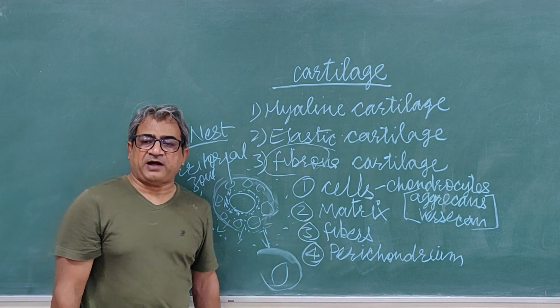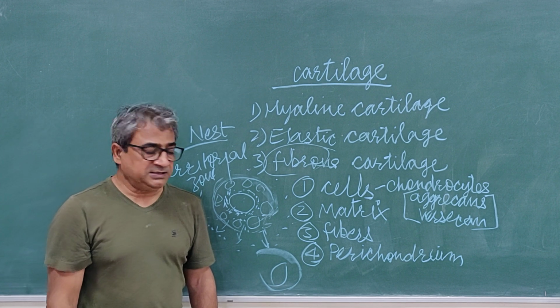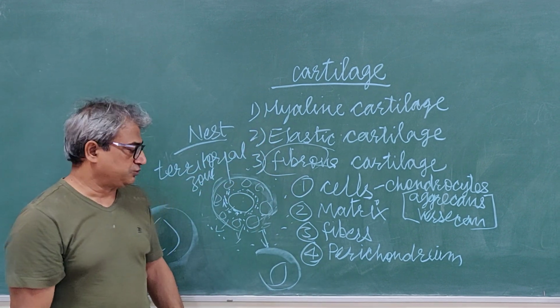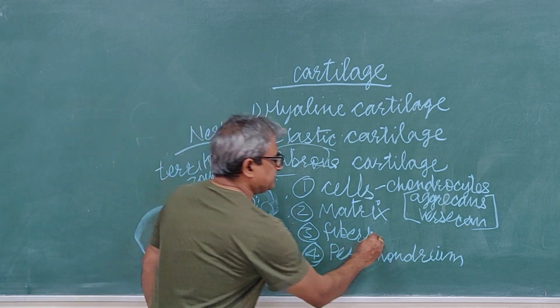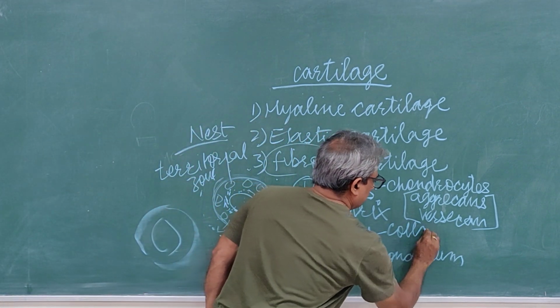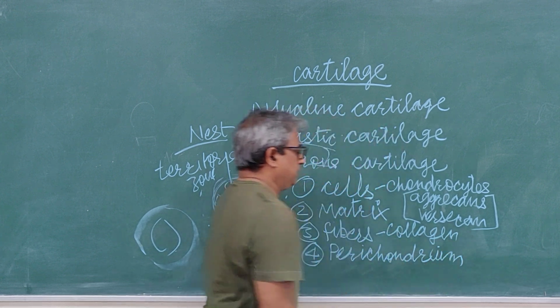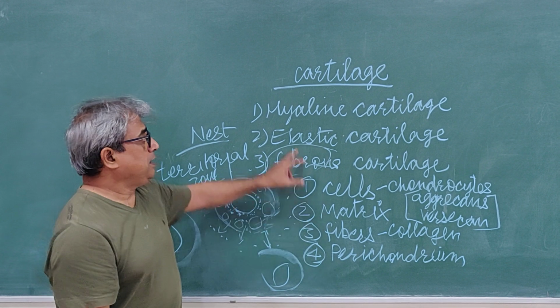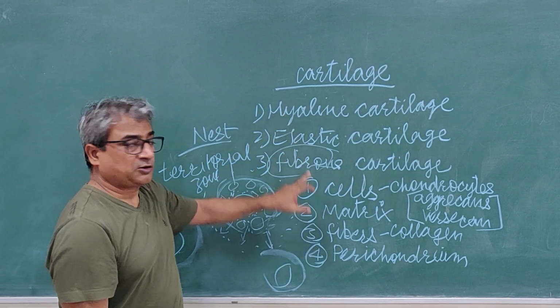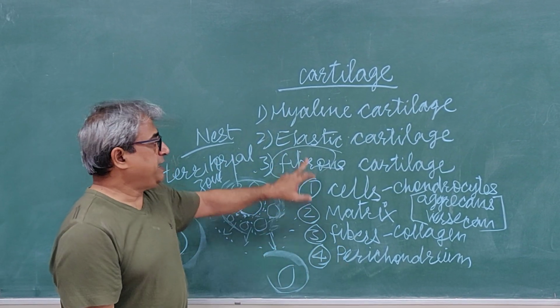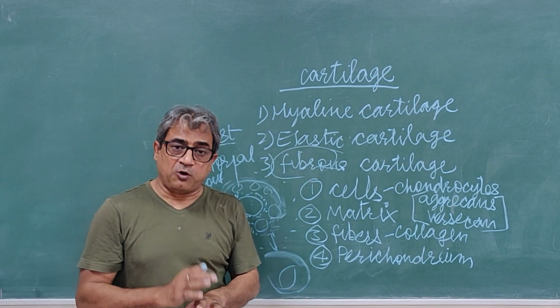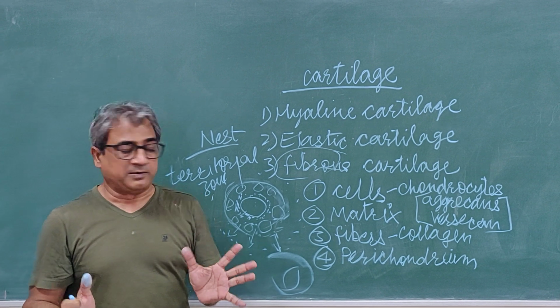The third thing is the fibers. Now, fibers in hyaline and elastic tissue, particularly the collagen fibers. In the hyaline cartilage there are collagen fibers. In the elastic cartilage there are collagen fibers in small amount but a lot of elastic fibers.